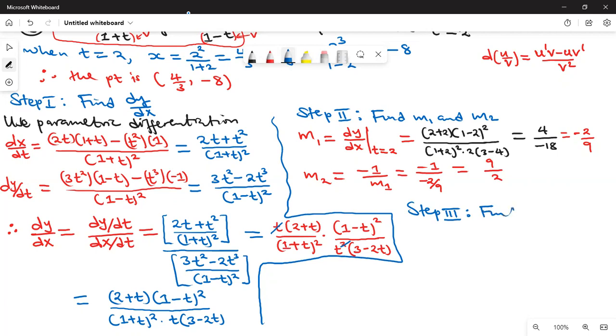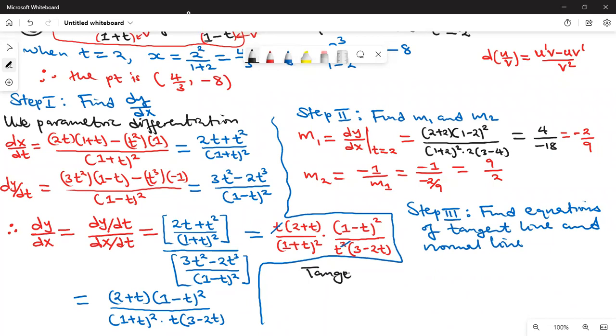Find equations of tangent line and normal line. Remember the equations. Let's start with the tangent. You're going to say change in y over change in x. What was the point?